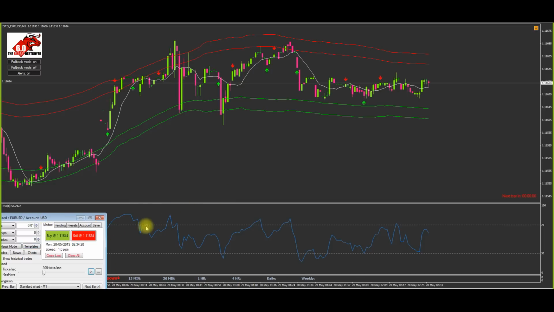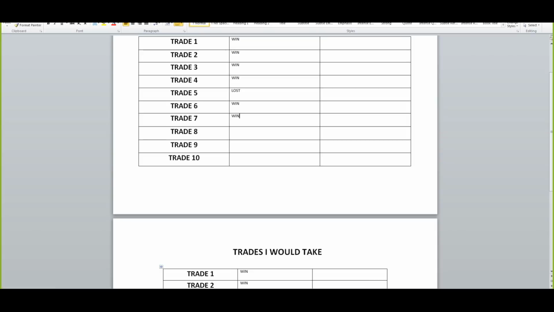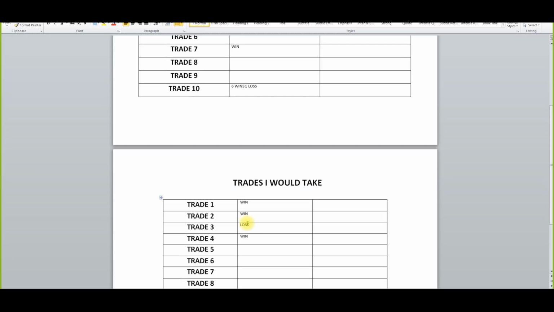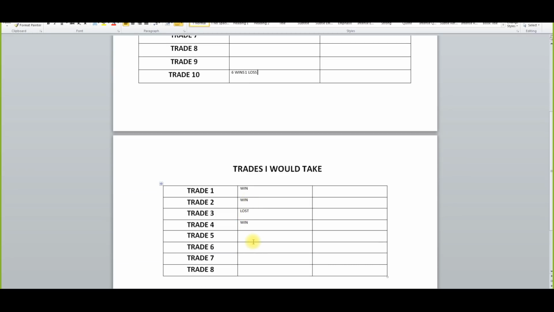Right, but anyway, let's round up Friday's results with the binary destroyer. The binary destroyer with the AND strategy gave off 7 trades. So 1, 2, 3, 4, 5, 6. We had 6 wins, 1 loss. Now I obviously did my own analysis and I got 3 wins, 1 loss.